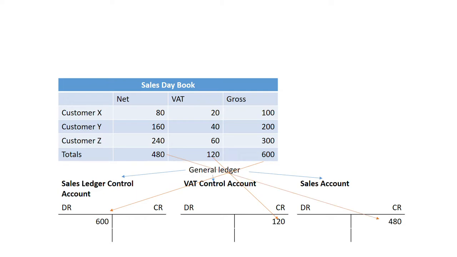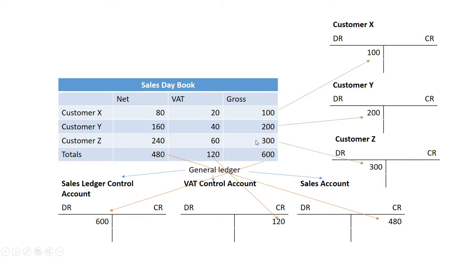The individual amounts that each of these individual customers owe us goes into their individual ledgers in the sales ledger. So general ledger, sales ledger, and the sales ledger total here, which totals £600, is the same as what's in here. So this doesn't form part of the trial balance.